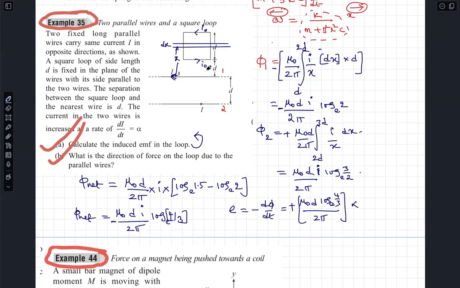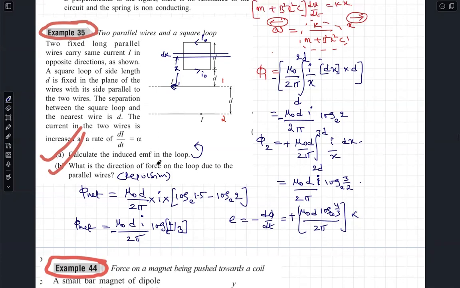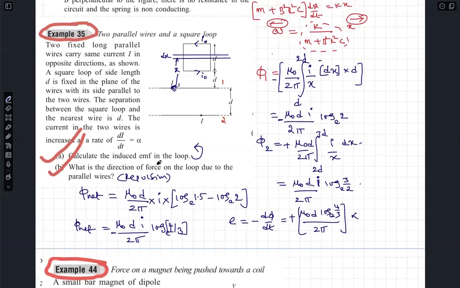So what happens due to the first wire is what we need to consider. Repulsion. So in this case, net is repulsion. But still, if any student has a doubt, please ask me. Don't hesitate. Are we clear?